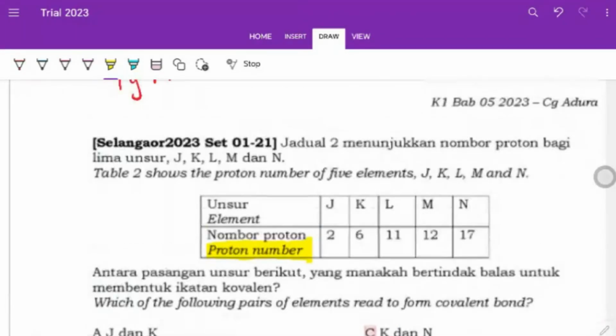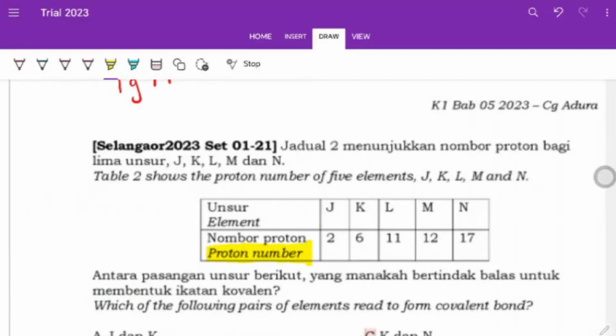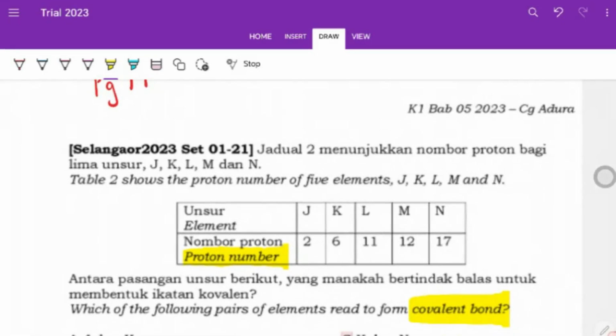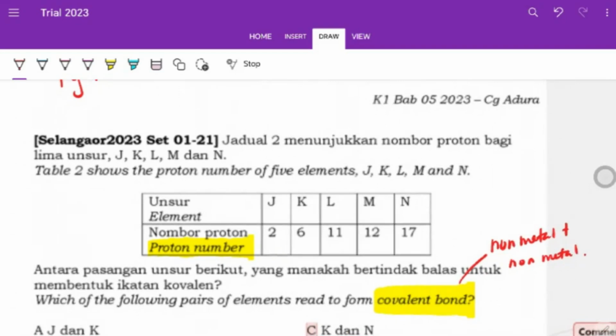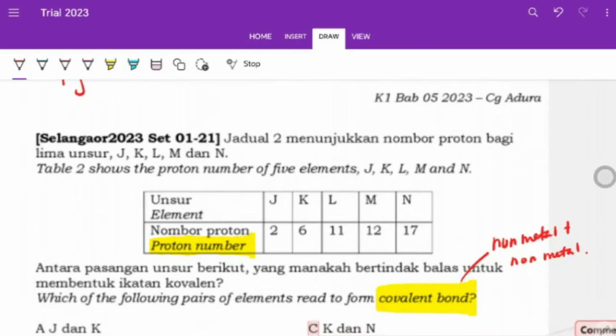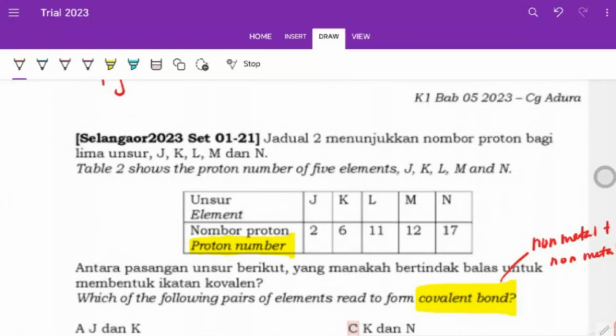Which of the following pairs of elements are likely to form a covalent bond? Covalent bond, page 74. So class, let's see. Covalent bond must be non-metal with non-metal. So we can see their electron arrangement to determine whether they are metal or non-metal.